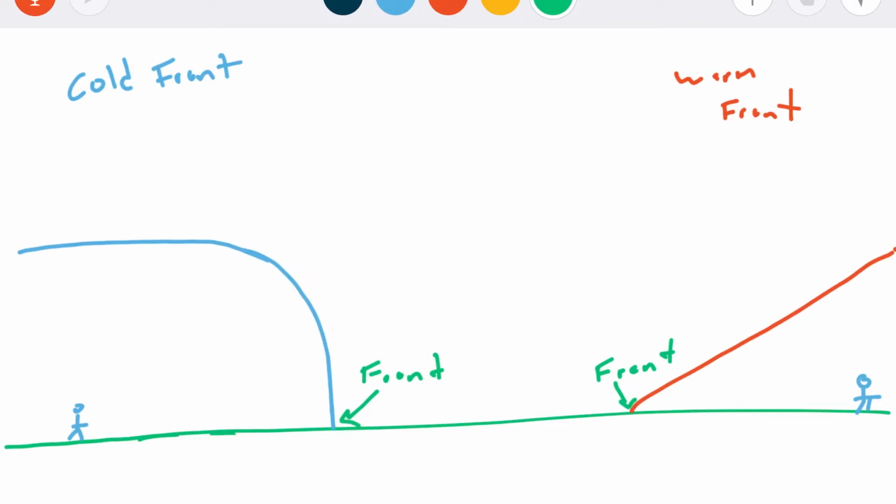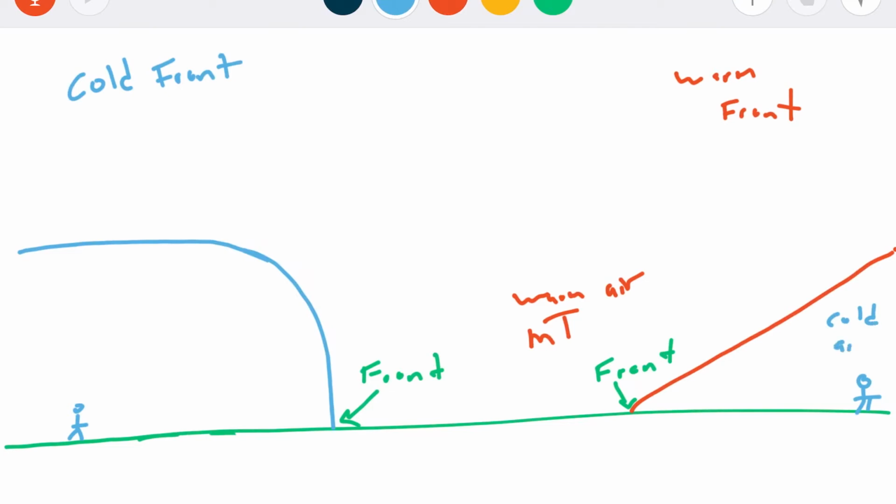And so if I have a warm front, that means I have warm air. So this middle section is all warm air. We could say that it's maritime tropical. And in front of that front would have to be cold air. That makes a kind of boundary between warm air and cold air.